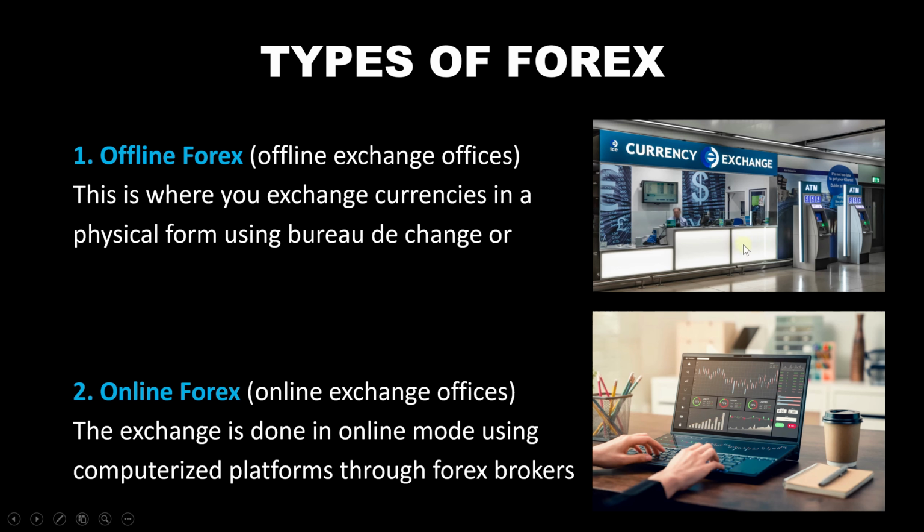When you're coming from a certain country, you have to use the currency for that particular country. So if I'm from Africa and I'm going to the US, I can't use the currency that I have from Africa in the US. I have to exchange that currency to the currency of that particular country.